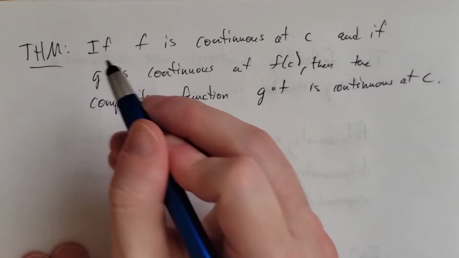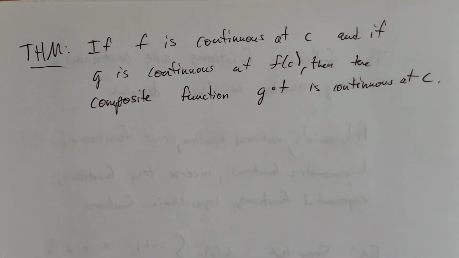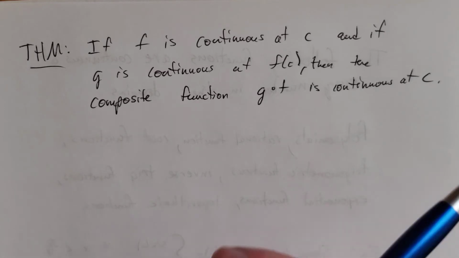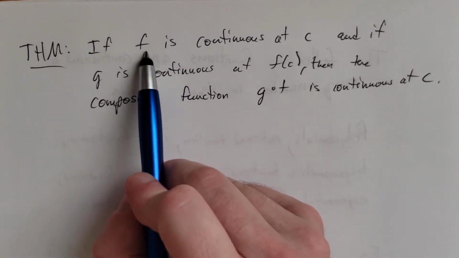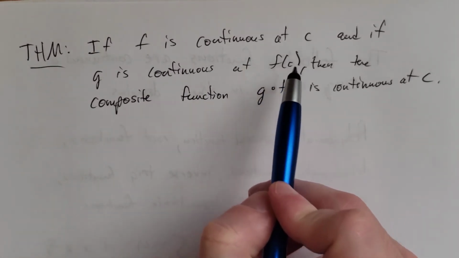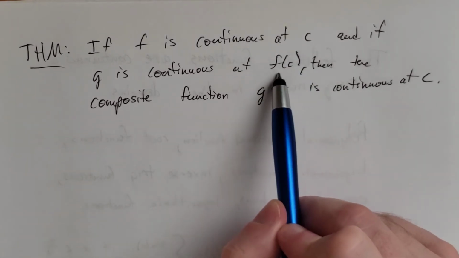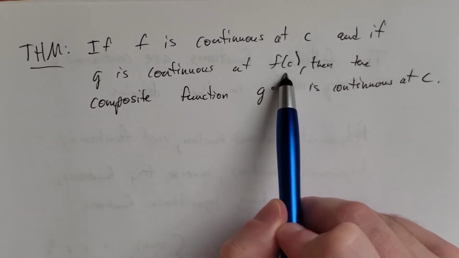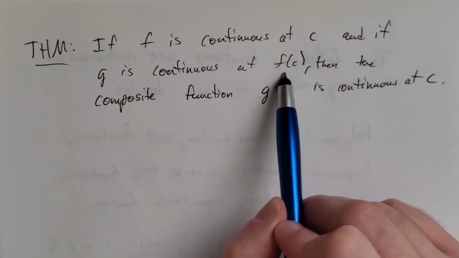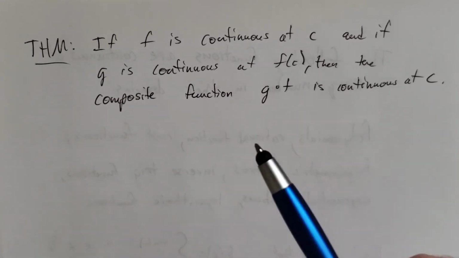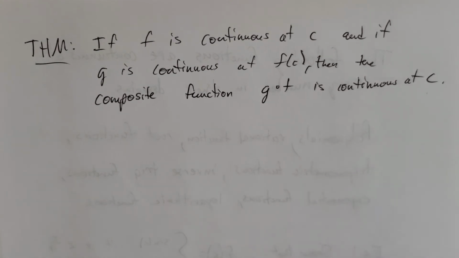So for composite functions, if the original function f is continuous at c, at some x equals c, and whatever our output of that is, if g is continuous at that output, then the composite function is continuous at c.